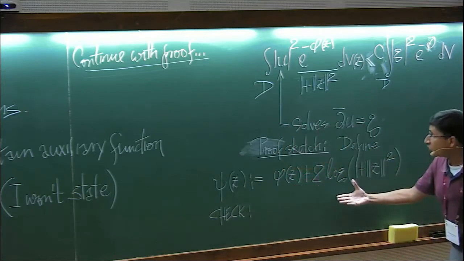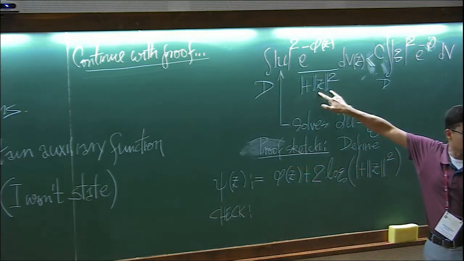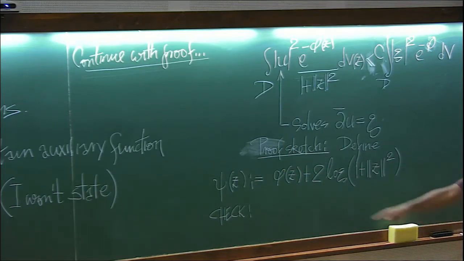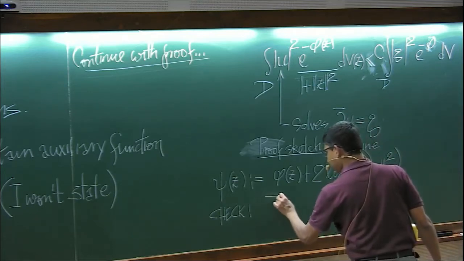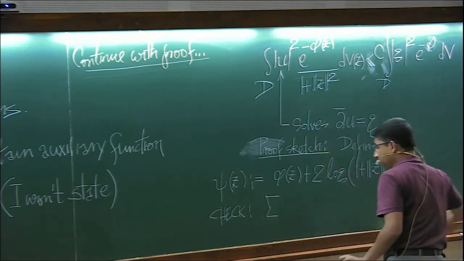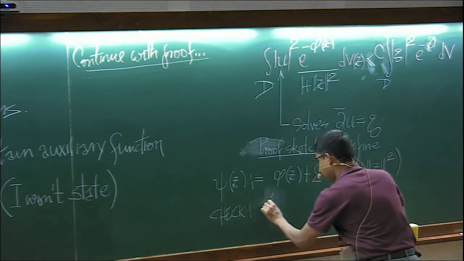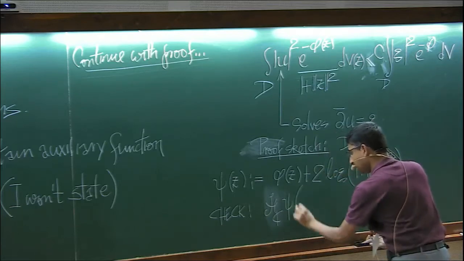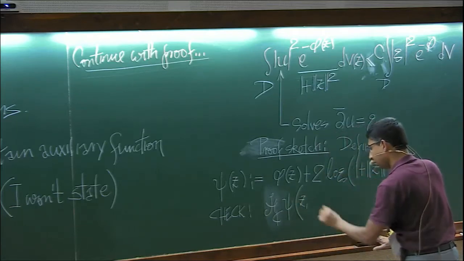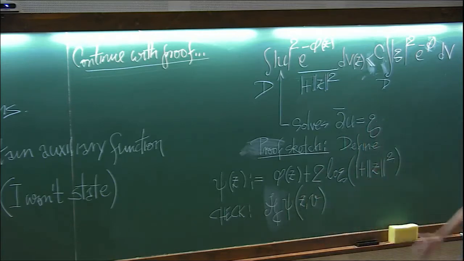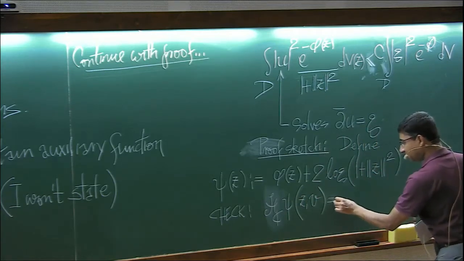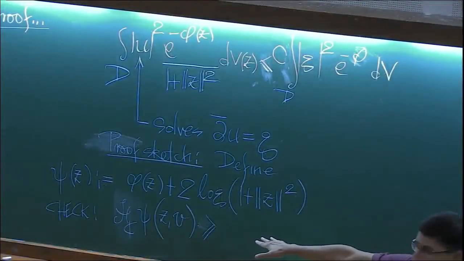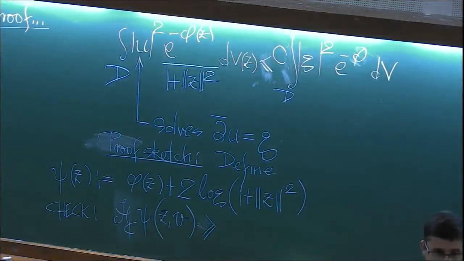What I'm going to do now explains the role of this. This is actually the weight in the basic theorem that I'm going to work with. So check the complex Hessian of psi at the point z applied to the vector v. This is greater than or equal to, remember, phi is already plurisubharmonic, so it gives a non-negative contribution.